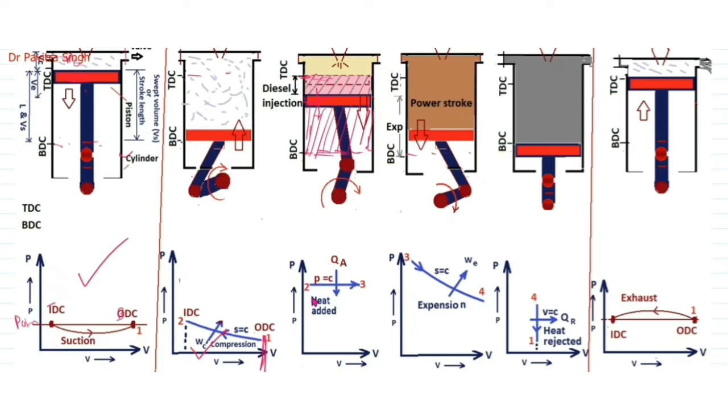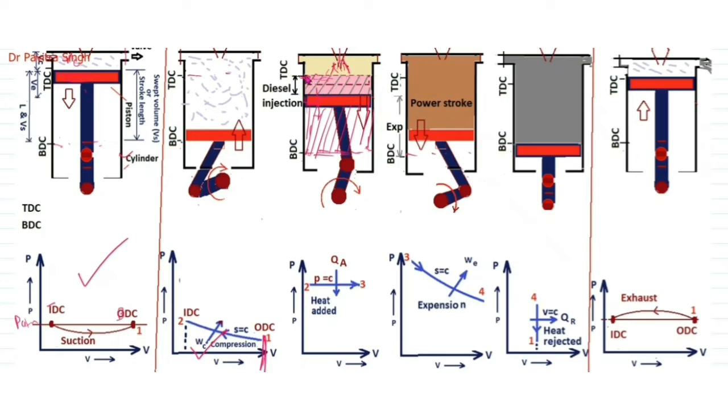Now we will talk about the heat addition stroke or process. You can see this piston was at the TDC condition, and air is compressed fully at higher pressure. Due to higher pressure the temperature was very high, very close to the ignition temperature, when we injected the diesel in this combustion chamber.